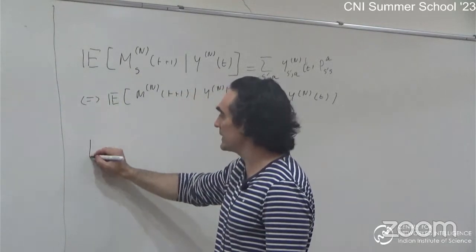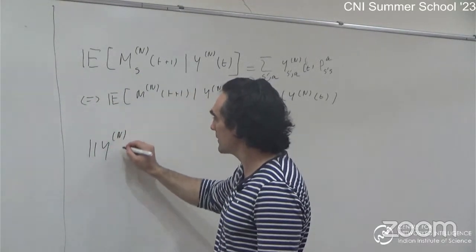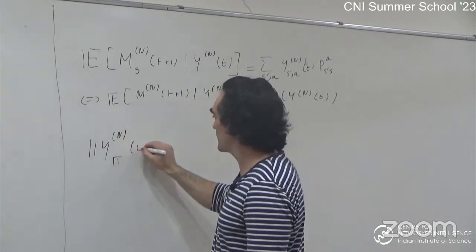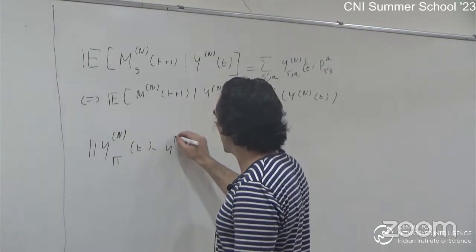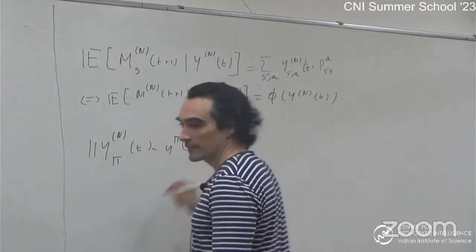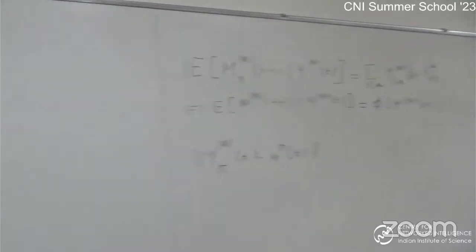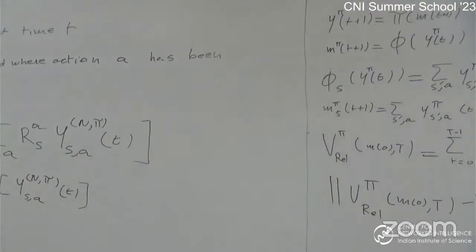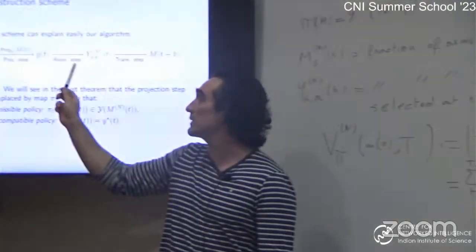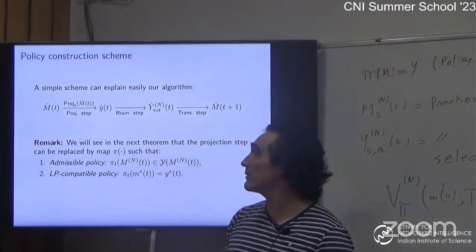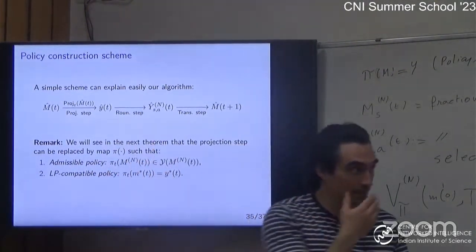So, okay, let's look at this term, Yn of pi of t minus 1 pi. Perfect. This is Yn, right? And we want to go back to n star. But remember that there are two aspects: there is the projection step, and there is the rounding step.